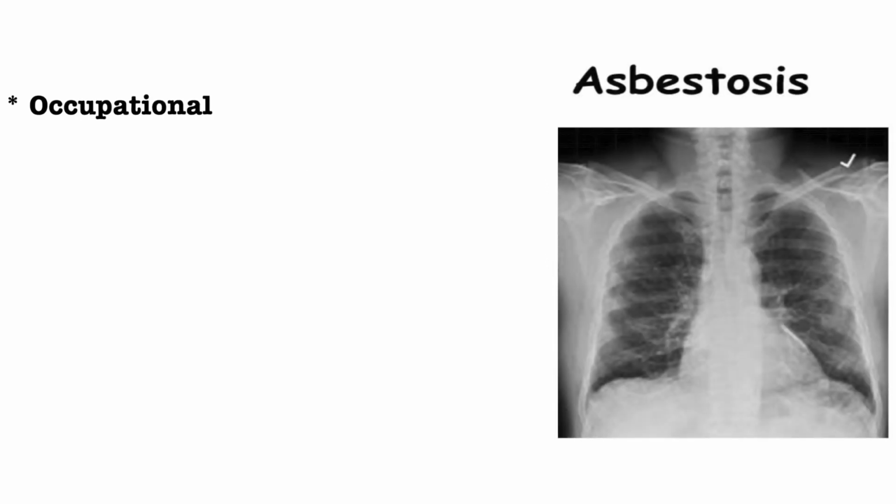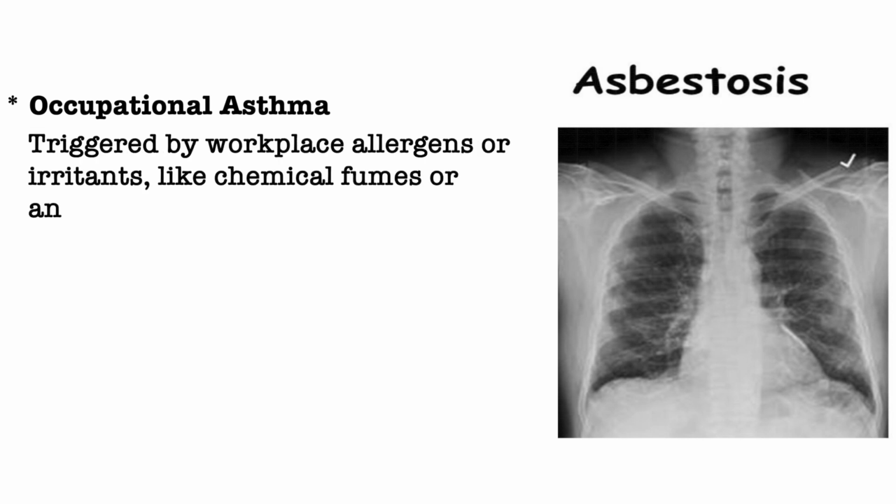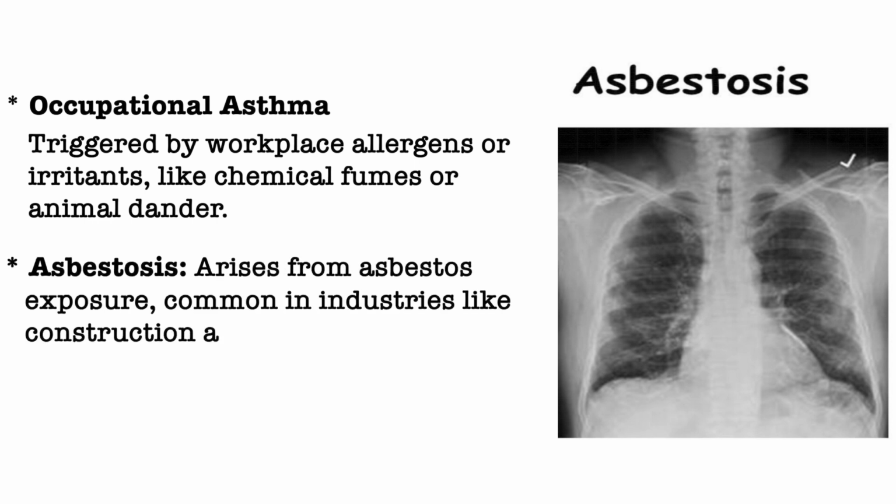Next one is occupational asthma, triggered by workplace allergens or irritants like chemical fumes or animal dander. Next one is asbestosis. This disease arises from asbestos exposure common in industries like construction or shipbuilding.